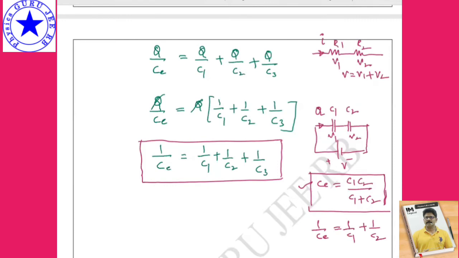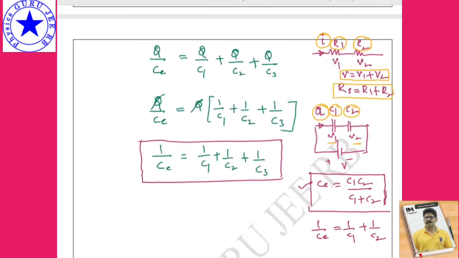So common terms, but what is the resistance? Resistance in series is R1 plus R2. Hope it is clear. Here current and charge are common, here it is resistance, here it's C1 and C2. Potentials are divided, and V equals V1 plus V2 is common to both. Here resistance R equals R1 plus R2.